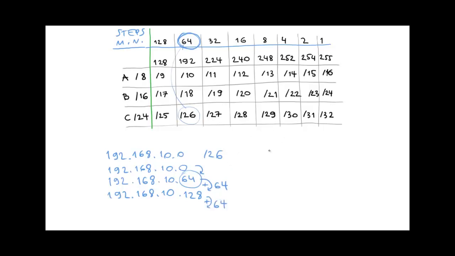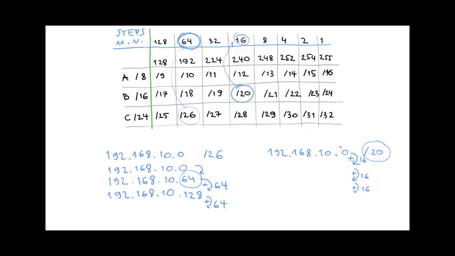Let's take another example. 192.168.10.0, but a different subnet mask. Let's say /20. Okay, we're looking for /20 in the table. Once we found it, we look in the same column but the top row. We find number 16, and the 16 now becomes the step between the subnets using this subnet mask. So we need to add 16, another 16 for another network, another 16 for another subnet, and so on.